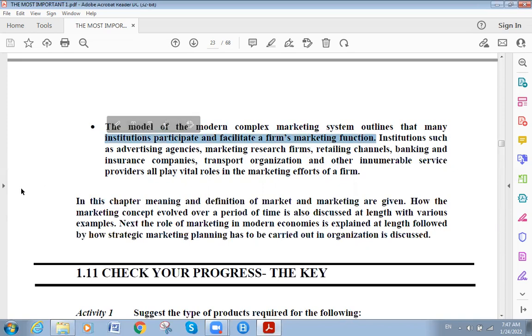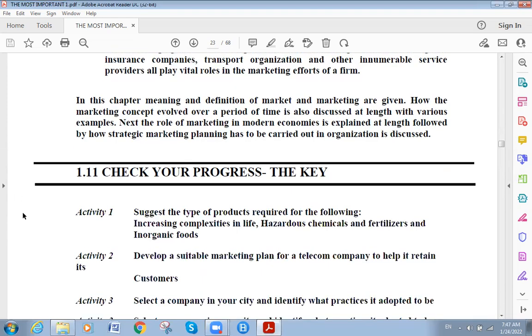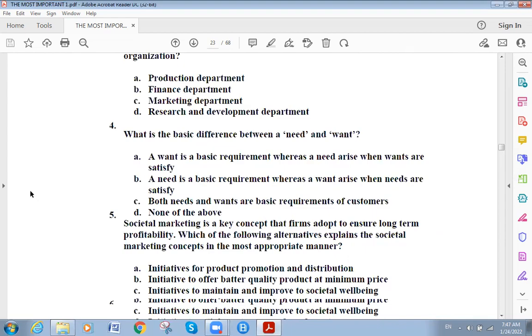This shows that the marketing job is a blend of many activities and many branches of agencies, marketing research firms, retailing channels, and banking, all of which cooperate in marketing itself.